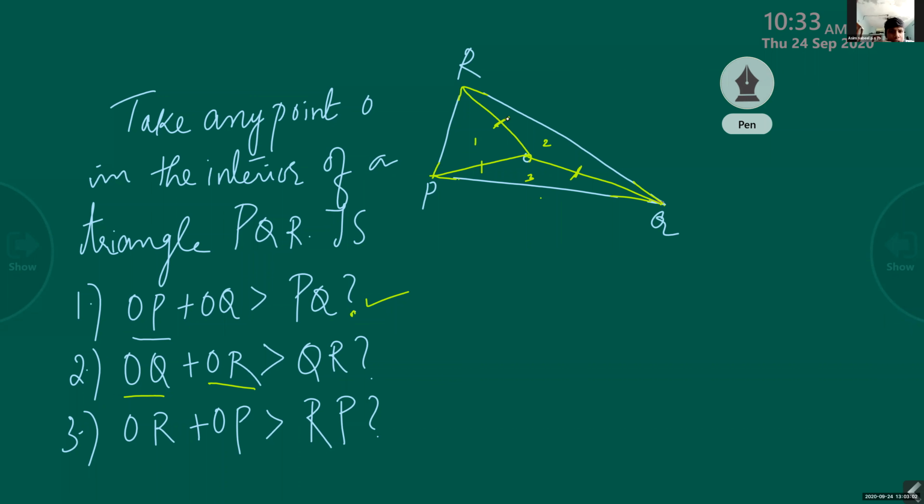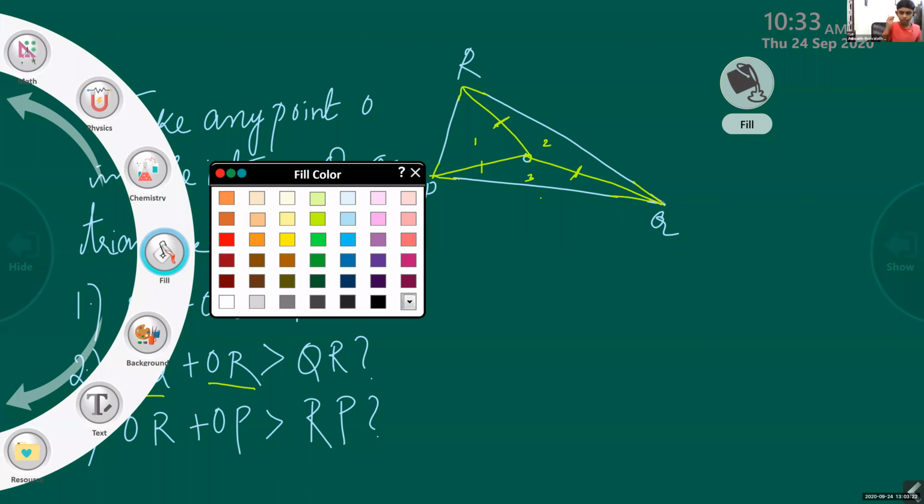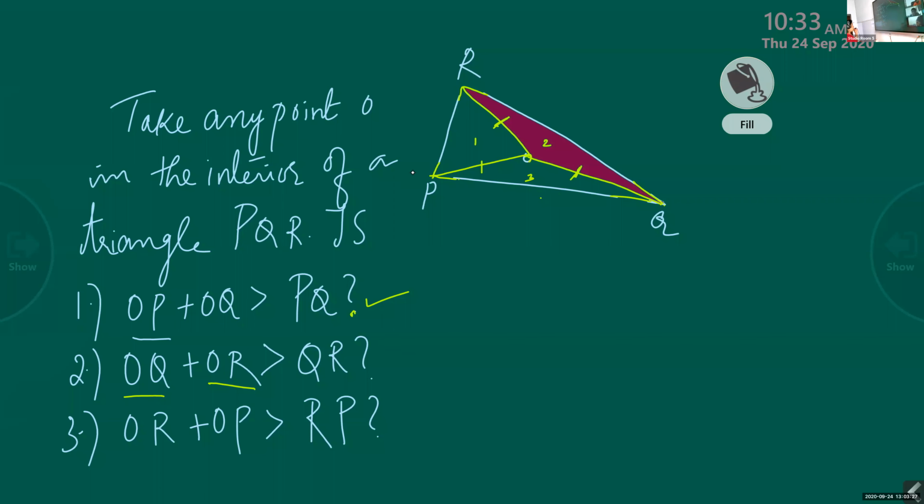It is greater because you see this triangle. OQ plus OR is greater than QR. Yes or no? Yes, ma'am. Yes, because it is a triangle and the sum of two sides is greater than the third side.